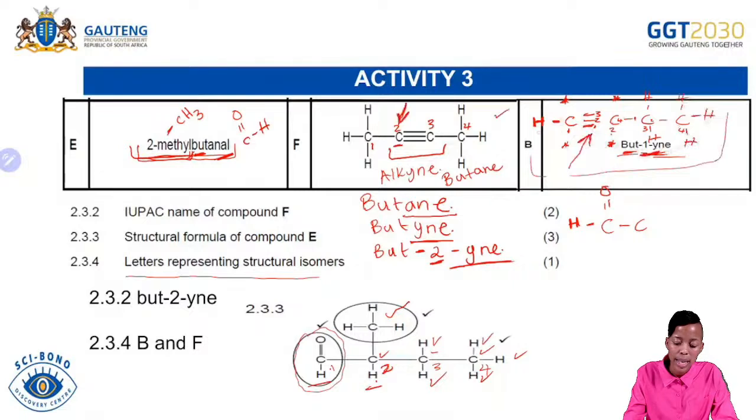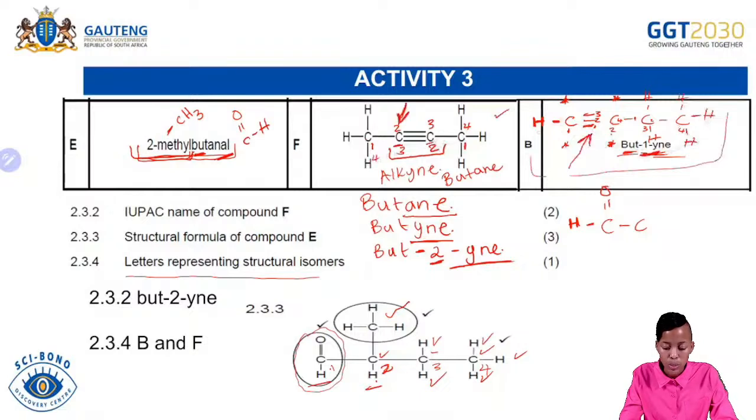So remember, for letter F, it does not matter whether you count from the left to the right or from the right to the left, because the triple bond is not going to change in terms of numbering. If it's from the right, it would be 1, 2, 3, and 4. So the triple bond is still on position number 2.